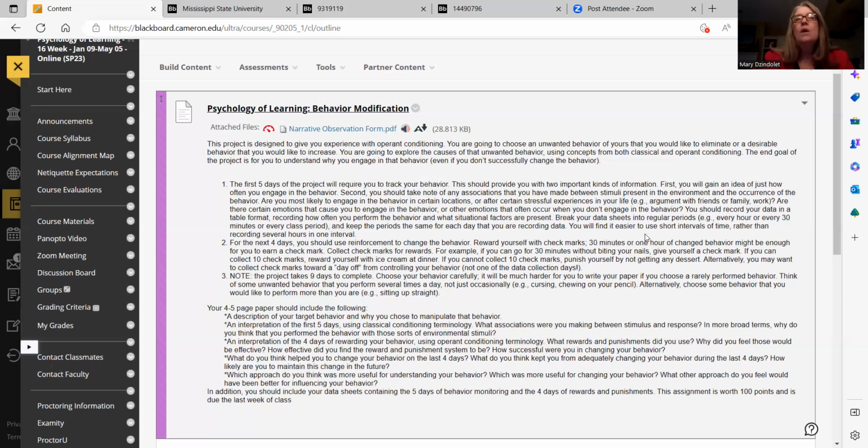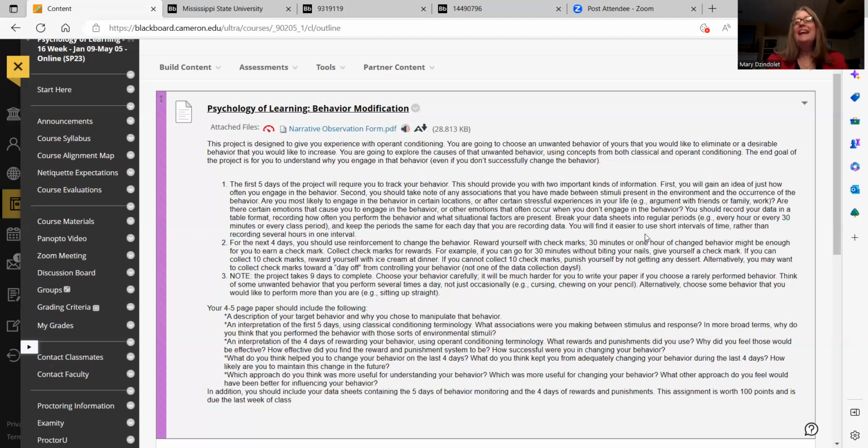You want to be able to name these things. What's the US? What's the UR? What's the CS that now leads to the CR? You want to talk about what are positive punishers and negative punishers, positive reinforcers, negative reinforcers. What's the schedule of reinforcement that's being used to maintain the behavior and promote it, keep it going?